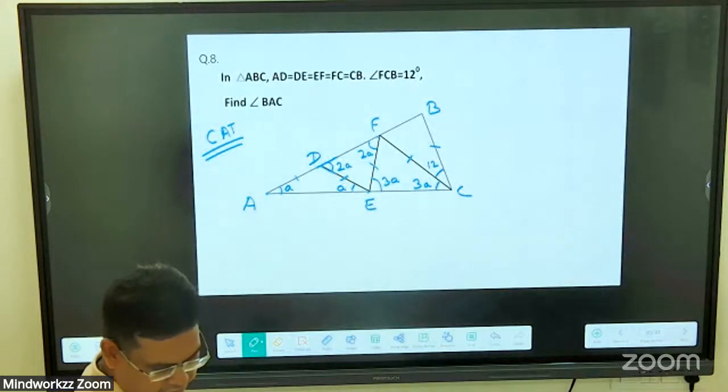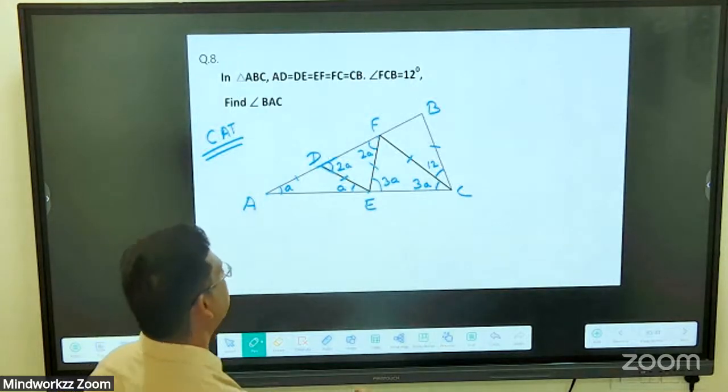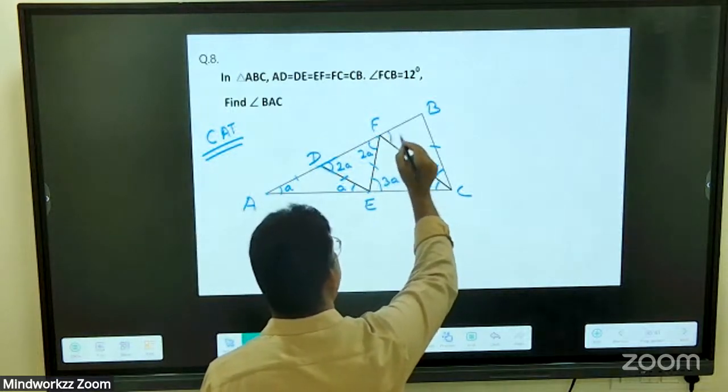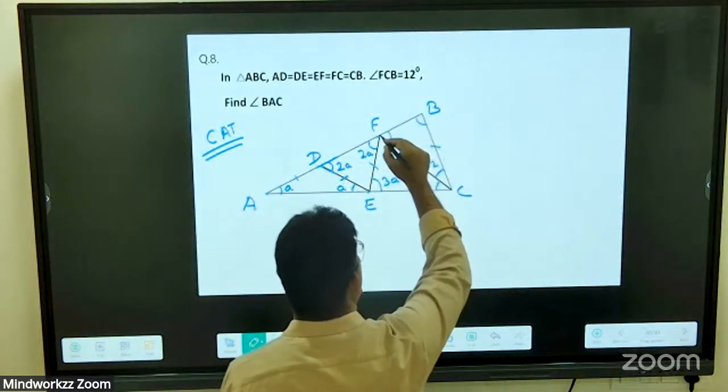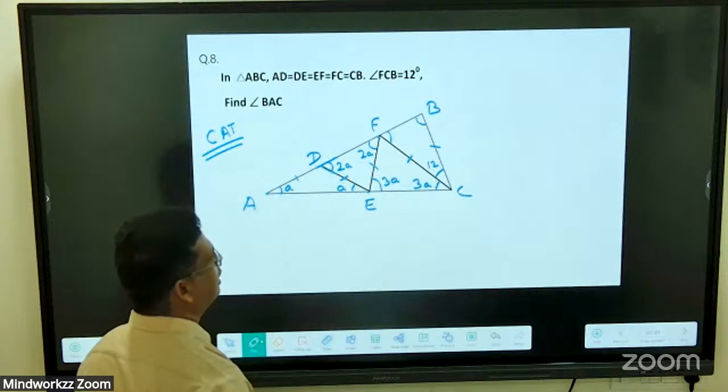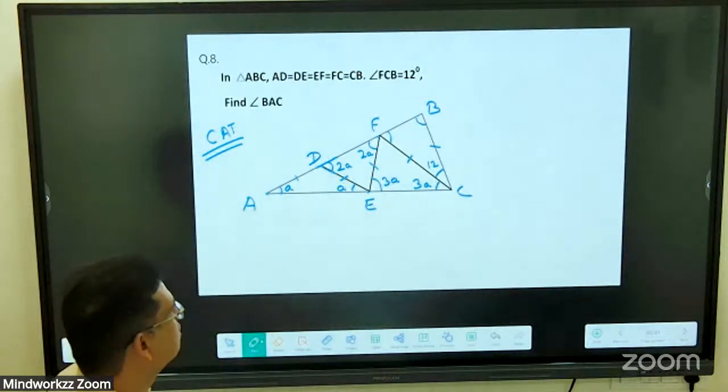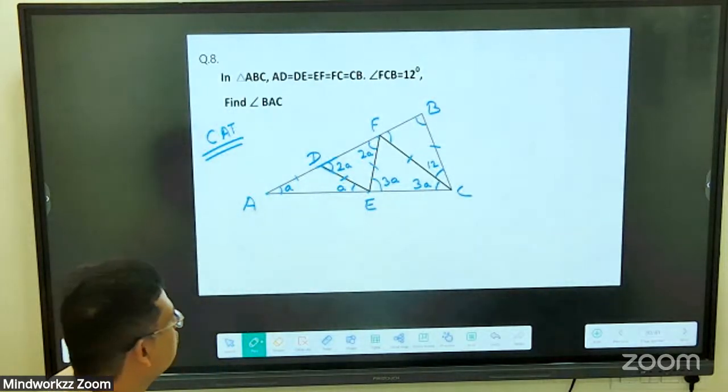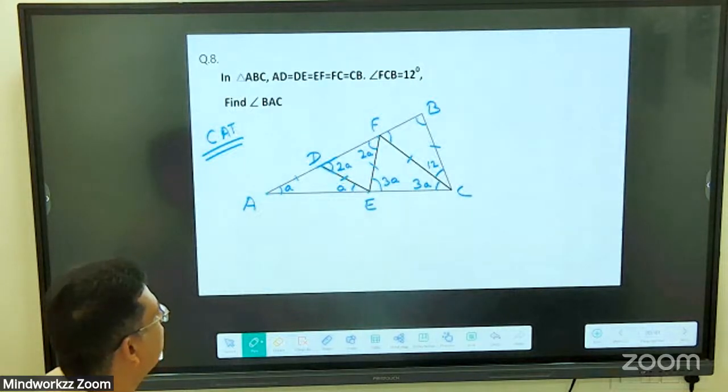Because the sides are equal. Now what will this angle be? This angle and this angle will also be equal because in triangle FBC, FC and BC are equal. So the opposite angles will also be equal. But what will that be? That won't be 3A, that won't be 2A.